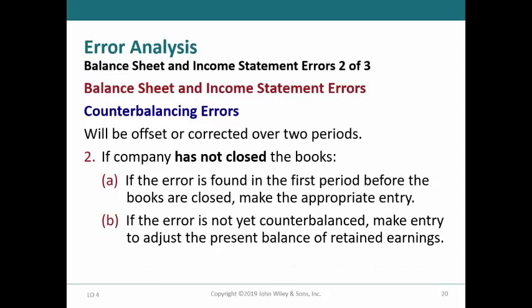If the counterbalancing error is discovered in the first period before the books are closed, then you would just make the entry that was omitted. If the error is discovered after the first year is closed, but the error has not yet counterbalanced, you would make the journal entry, but you would debit or credit retained earnings as we discussed in the previous slide.